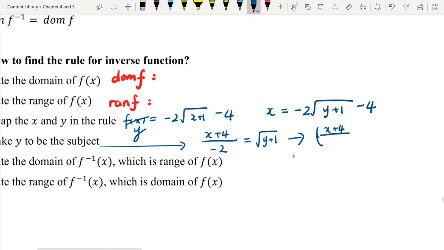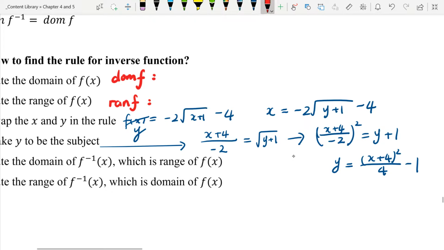And I'll square both sides to have y plus 1, and y equals (4 minus x) over 4 minus 1. You don't really need to copy all this now because we'll do examples later. But I'm just showing you what we need to do for the fourth step: we just need to rearrange it to make y the subject.